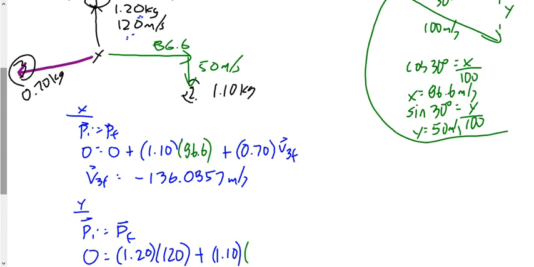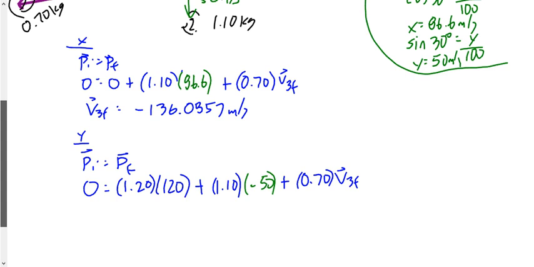Kessler? Negative 50. Plus 0.70 again times V3F. We'll solve for V3F here. 1.2 times 120 plus 1.1 times negative 50.